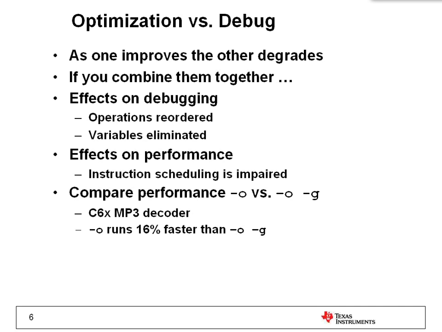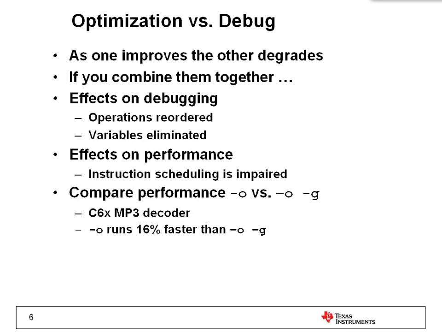Just because you wrote A equals B plus C and then D equals E minus F doesn't mean they're necessarily going to happen in that order. With two operations like that, they're independent. Whether you do the first one second or whatever, it doesn't really change anything. Now, this can be disconcerting when you're single-stepping through your code and things aren't happening in the order that you wrote them in your original code.